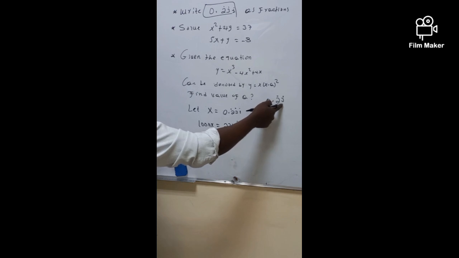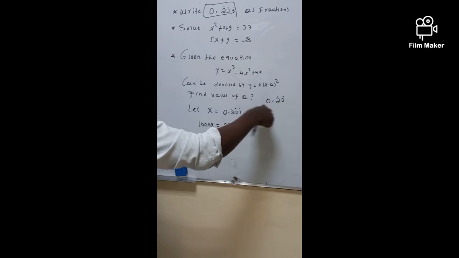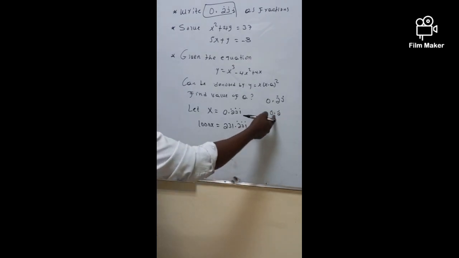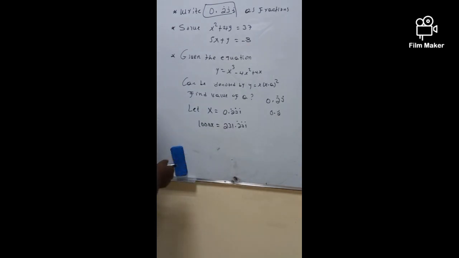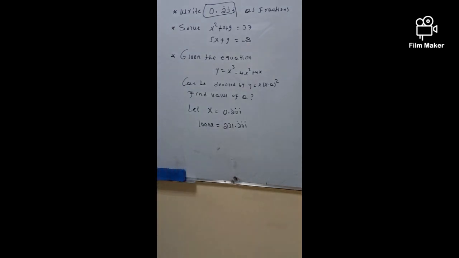In order to shift the repeating part before the decimal point, we multiply by the place value of the last repeating digit, that is 3, which is in the hundredths place, so we multiply by 100. For example, if the recurring decimal is 0.2 repeating, we multiply by 10 because it is found in the tenths place.